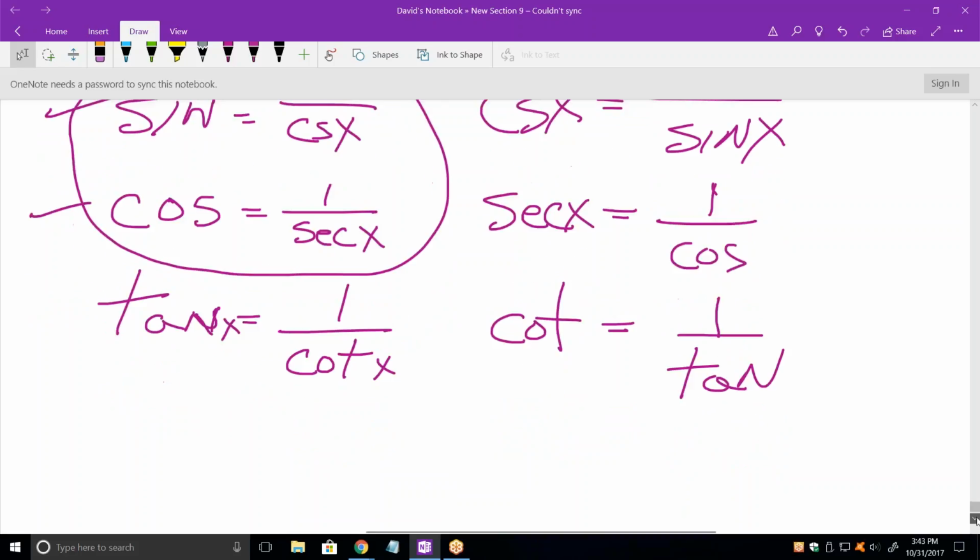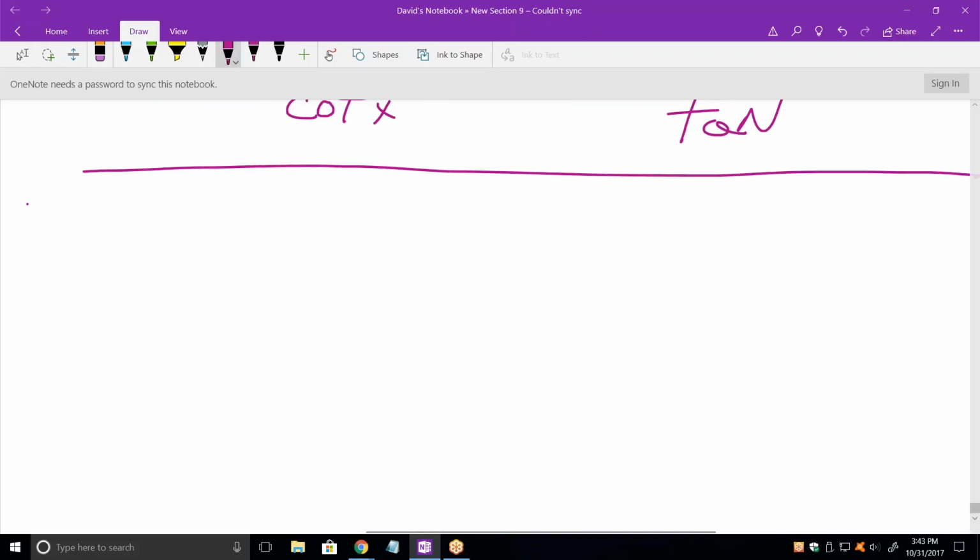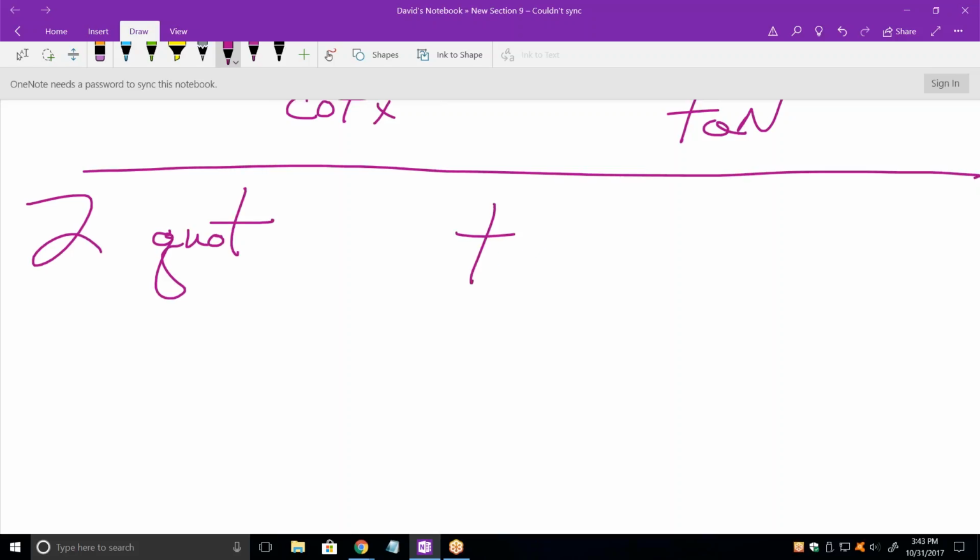There's 2 quotient ones. And the quotient ones are tangent equals sine over cosine. I'm going to leave off the x. It's implied. It's actually tangent of x equals sine x over cosine x.